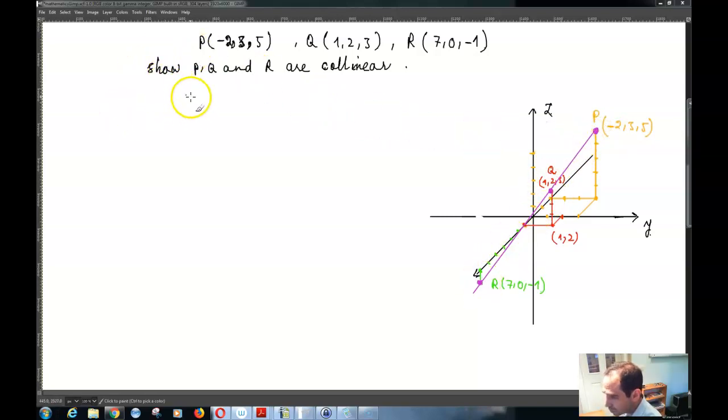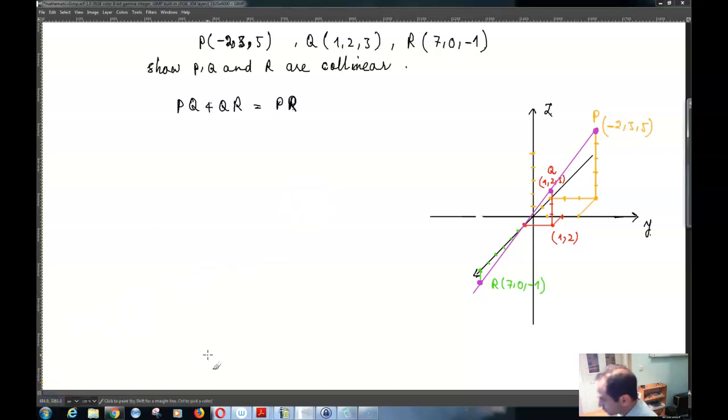And using the logic that we had before about the collinearity of points on a straight line, now I can write PQ plus QR. QR is supposed to be PR. If that is the case, then that means that the 3 points are collinear. And so you can calculate now these distances, and then we can decide whether the points are collinear or not.